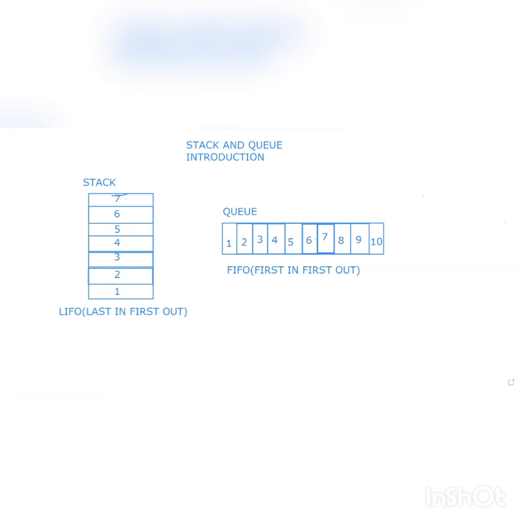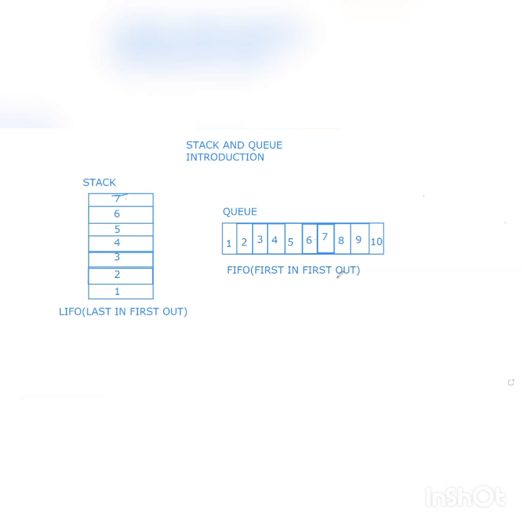So in this question, stack.peek equals 7. In this structure, the topmost element is 7. And if we pop this element, means if we pop this 7, then our topmost element is 6. So our peek element is 6. I hope you understand this, and let's come to the queue.